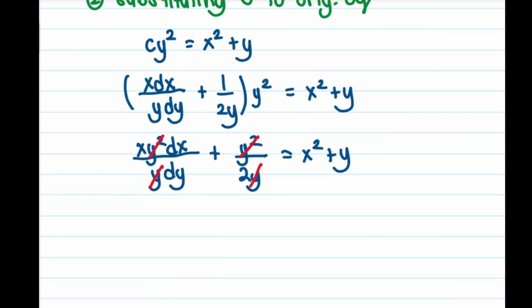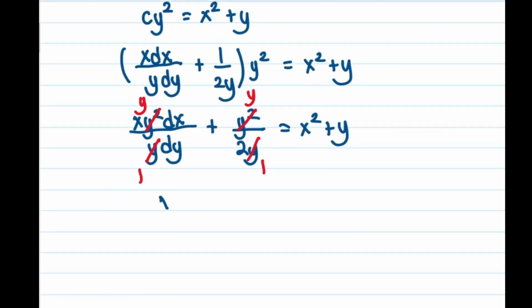This one will yield just y, this one will be 1 and this one will be y. So rewriting the equation, it will be xy dx all over dy plus 1 half y equivalent to x squared plus y.